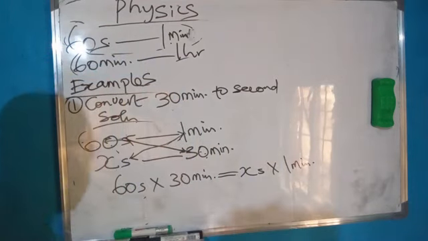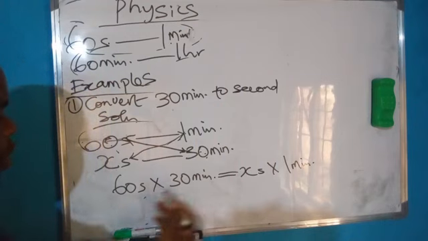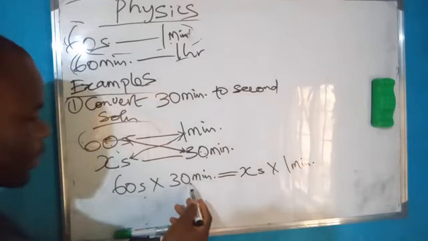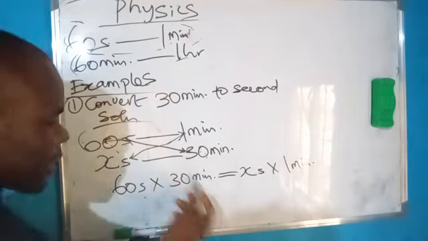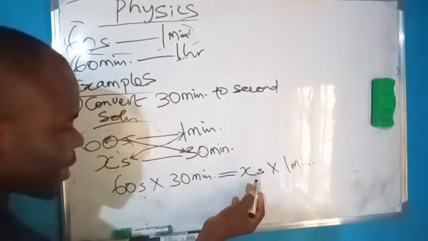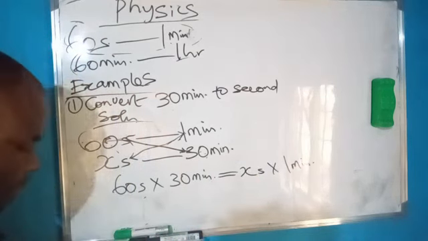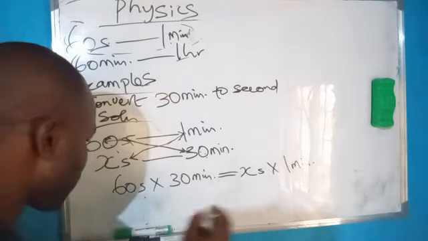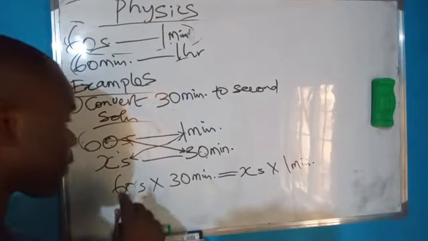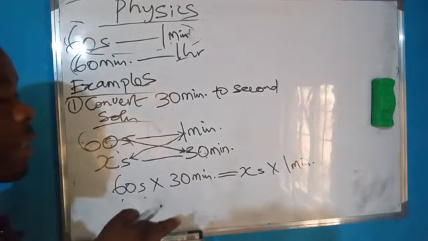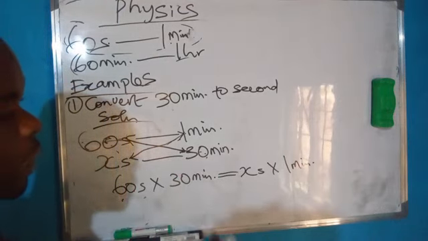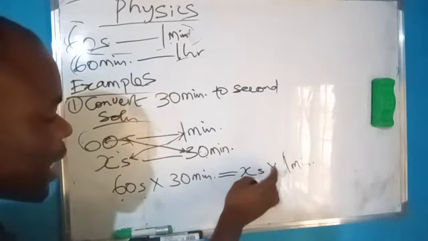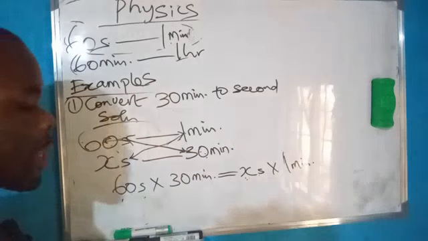Okay? So now, 60 seconds and 30 seconds. Then make x the subject of the formula. Make x seconds the subject of what? Formula. So that when you have x, by dividing both sides by the coefficient of x, and the coefficient of x is 1, because 1 times x is 1x, which is x.